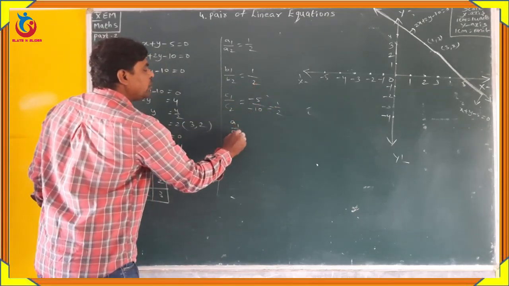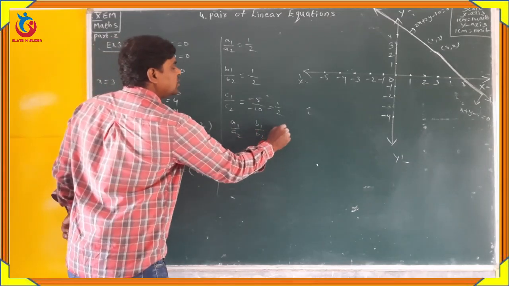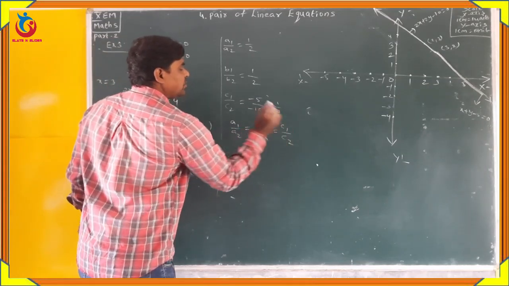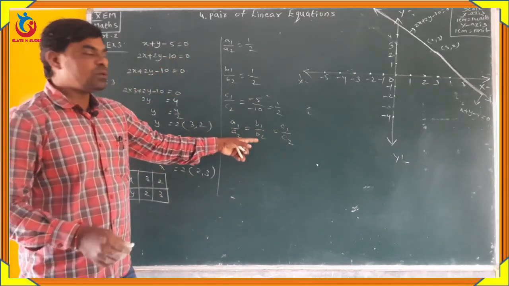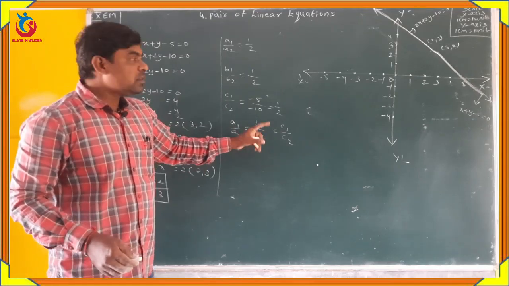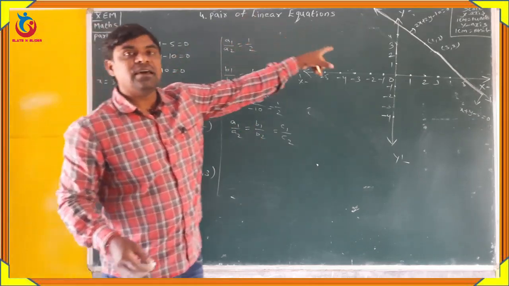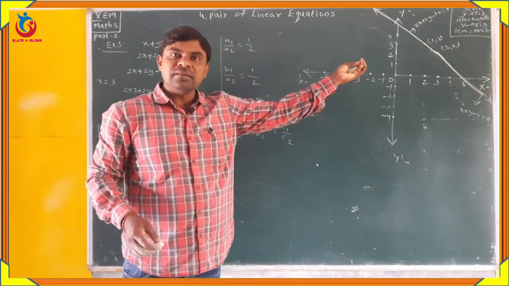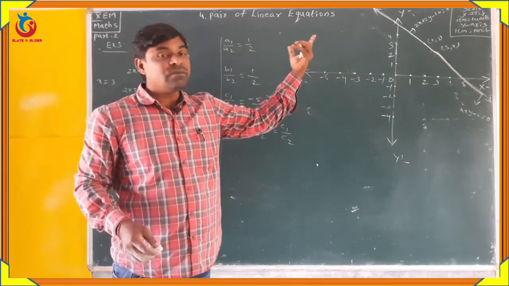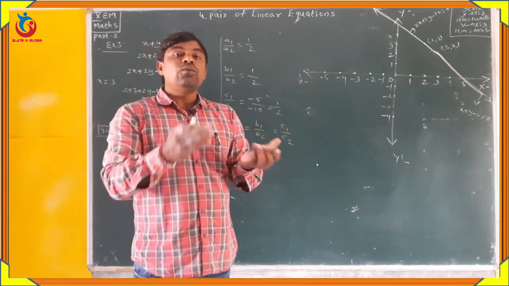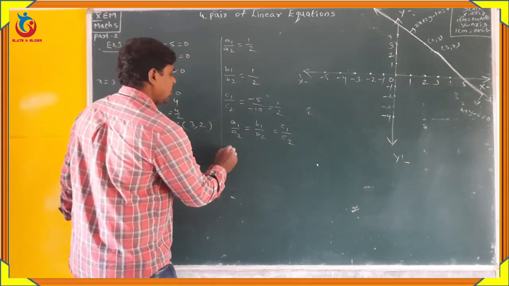Here a1 by a2, b1 by b2, c1 by c2 all are equal. When this ratio is equal, then the two lines are not parallel, not intersecting, but they are coinciding with each other.